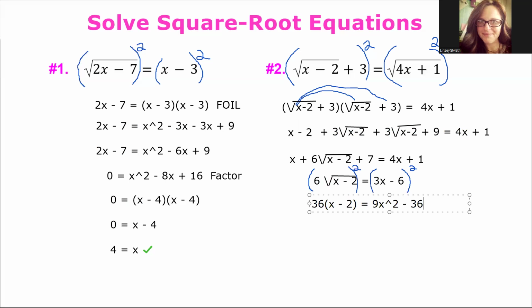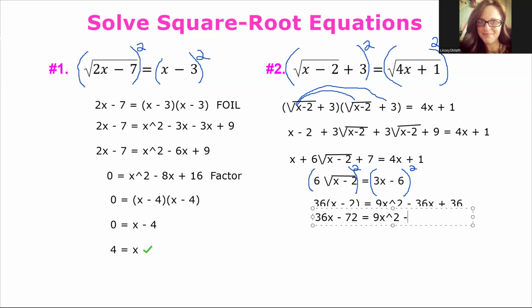And let's see here, we get this. And we'll distribute 36, and we see that we do end up with a quadratic. So we want to make sure that we get everything onto the right-hand side set equal to 0.